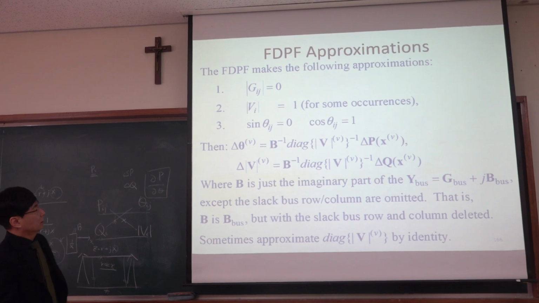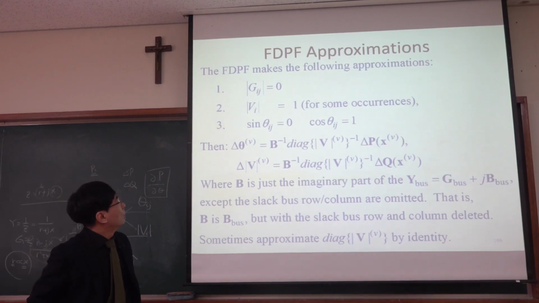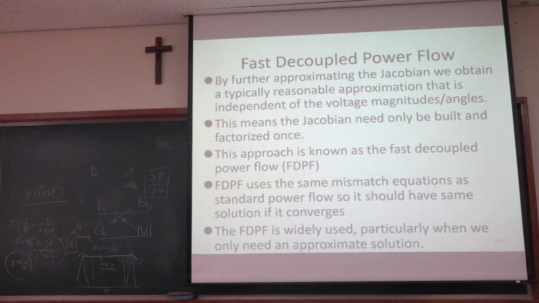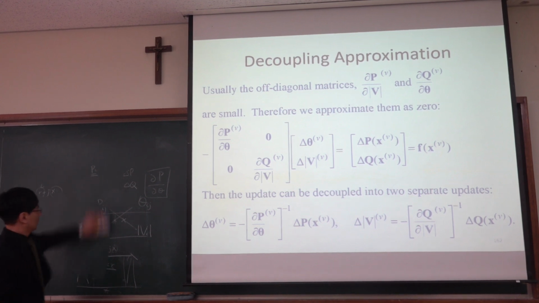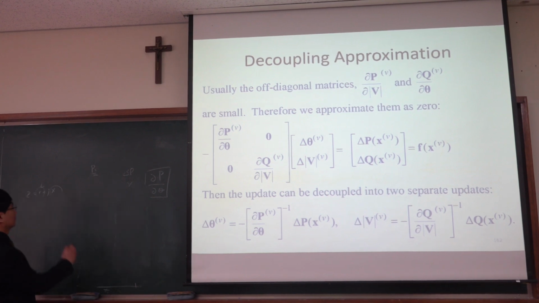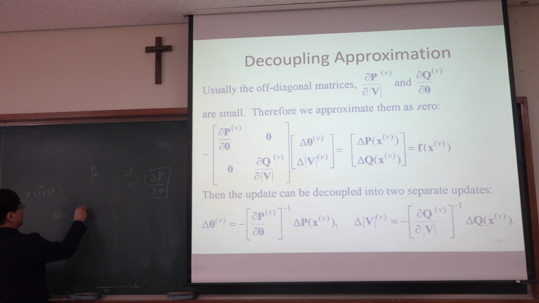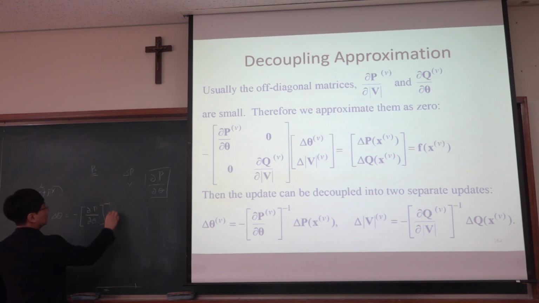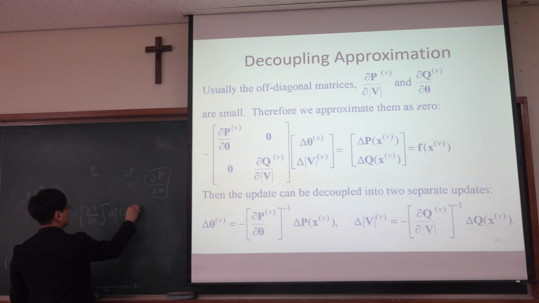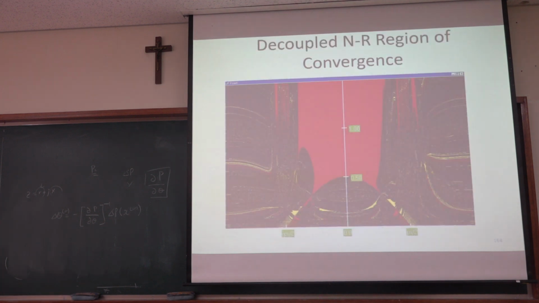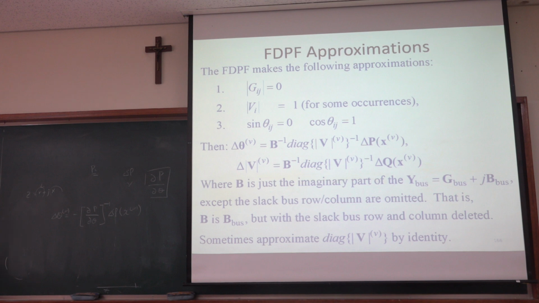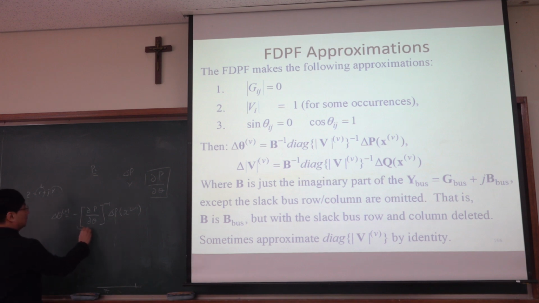And then, originally we have this. Delta theta equals minus the inverse of the Jacobian of P with respect to theta, times delta P over V. And here, this is further simplified, yeah, this part.